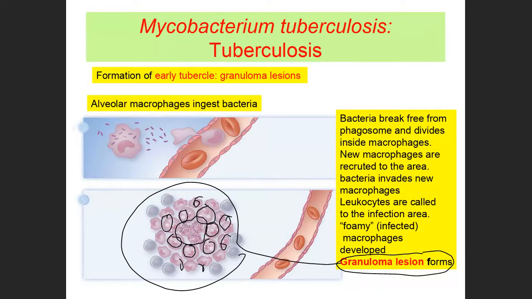This is your latent tuberculosis, and these could remain there for years. If the infected cells become more active and begin to infect the surrounding cells and eventually break off and invade further tissue, now you have an active tuberculosis case.